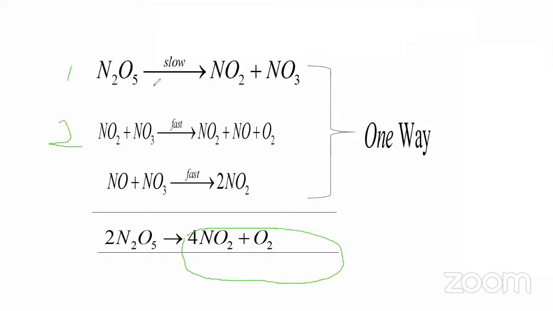So 1 is a step. 1 is a process. 1 is an elementary step. So anytime I say elementary step, I'm talking about a process, a step that I've identified. I'm trying to work out how I got to the stoichiometric equation. Then again, I can also get another step within the reaction. Look at 3.